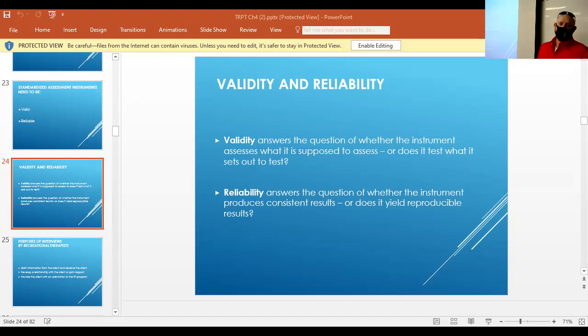Then also, when we are doing this assessment, which is holistic in nature, we want to identify our clients' expectations and goals. We've talked about that a little bit already. Your clients' expectations and goals may or may not be aligned exactly with what we plan for them as a recreation therapist.